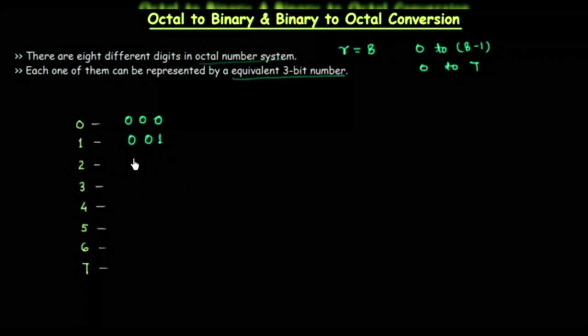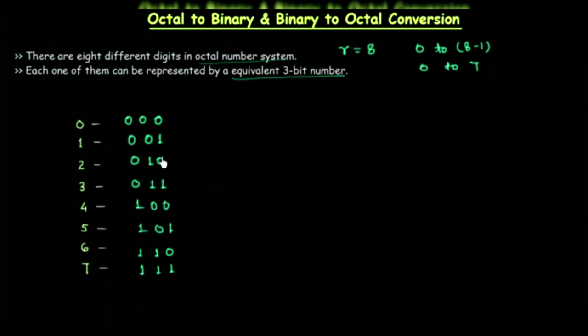In the same way, 2 will be represented as 0 1 0. 3 we can write 0 1 1, 1 0 0 for 4, 1 0 1 is for 5, 1 1 0 is for 6, and 1 1 1 is for 7. So this is how we can represent the 8 octal digits by an equivalent 3-bit number.